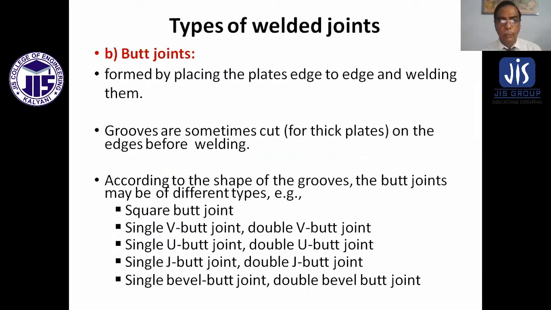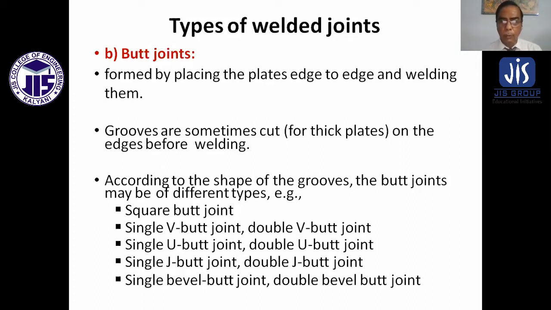Again, butt joints are formed by placing two plates edge to edge and welding them. Grooves are sometimes cut on the edges of thick plates before welding.